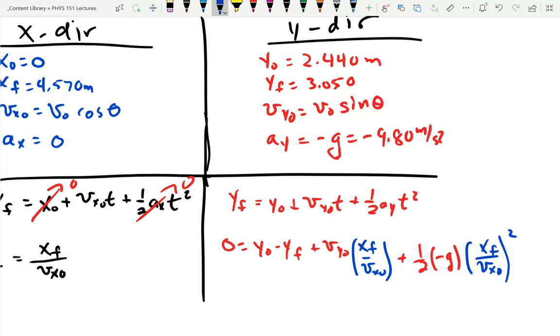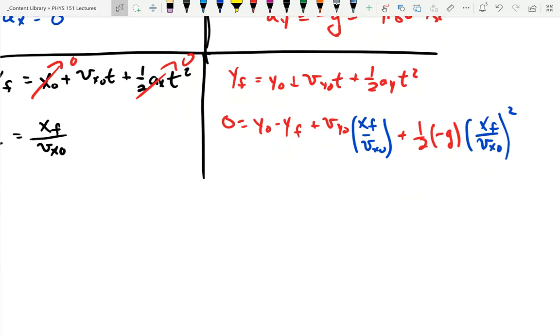So there I've substituted the blue is for time. This is where it gets hard. This is where the difficulty begins.